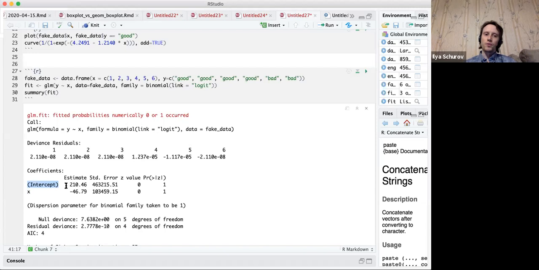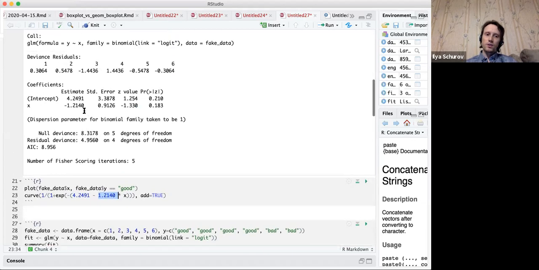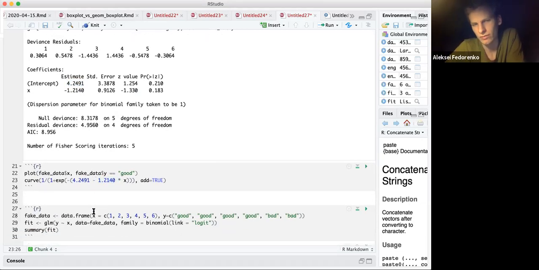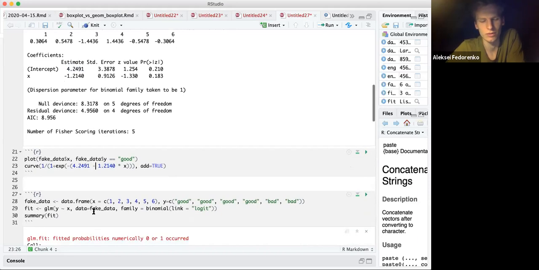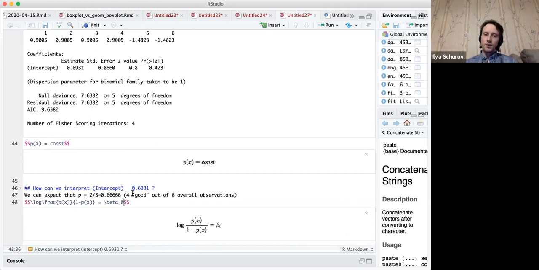Look at this formula. Here, this is beta naught, and this is beta 1. And I used this intercept here in place of beta naught. So intercept is just a free term.